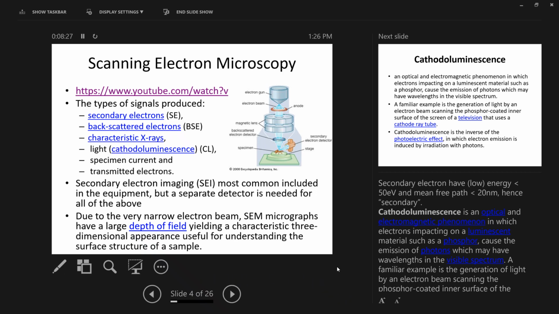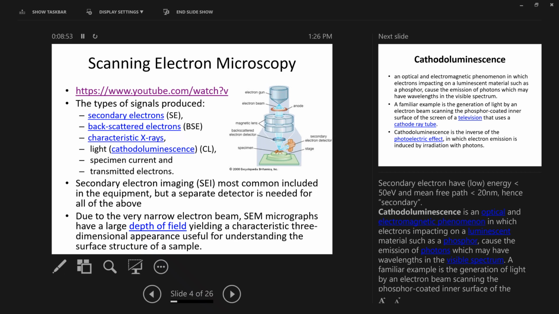Characteristic X-rays are commonly used, so there's X-ray analysis to basically do detailed mineralogy, and you will literally see spikes in different elements that you can interpret to produce mineral maps. So all of these extra signals are basically equipment that comes with an SEM image.